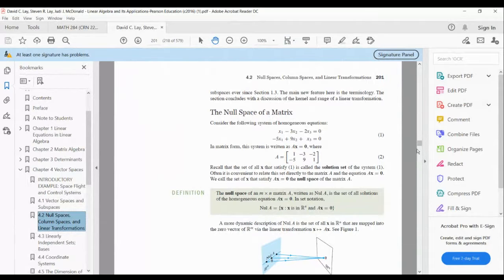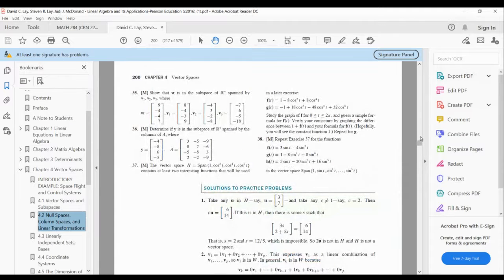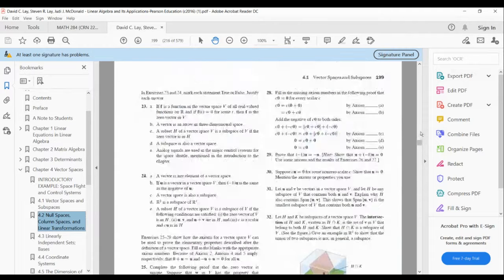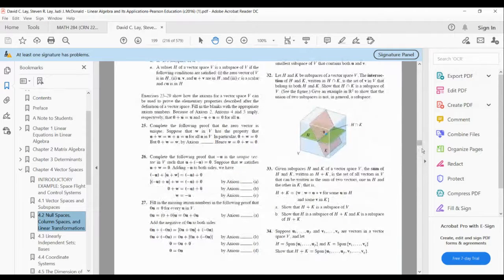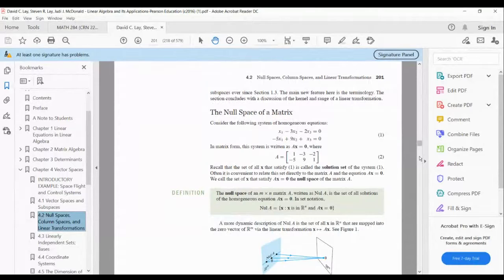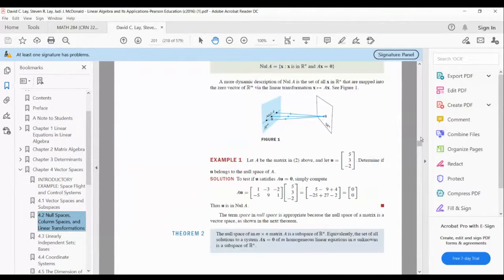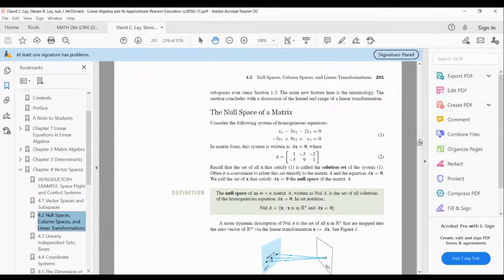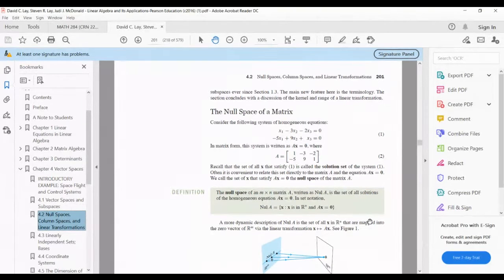Yeah. So this is, bring that down a little bit. See, you go too much and I don't know where I am. Hold on. Okay, so here they talk about the null space, and there's a little picture here.